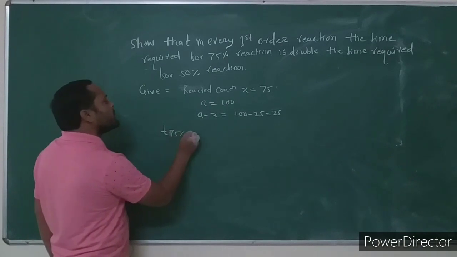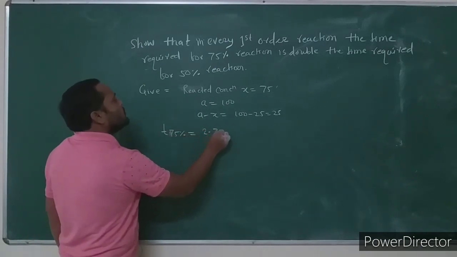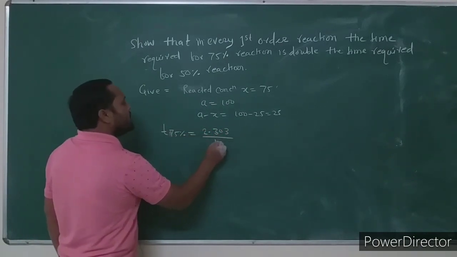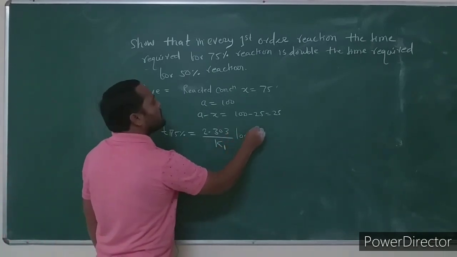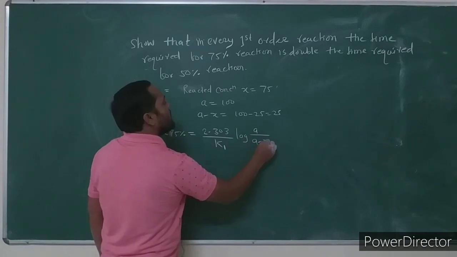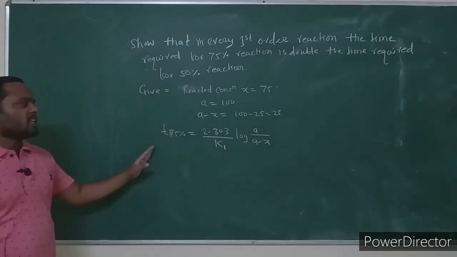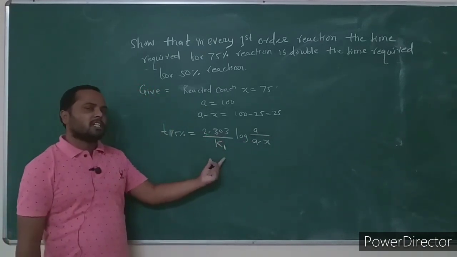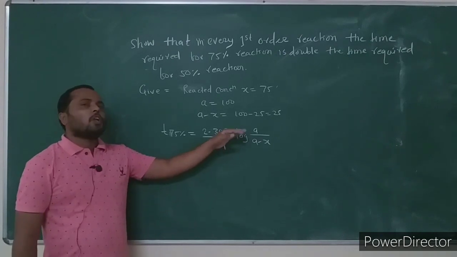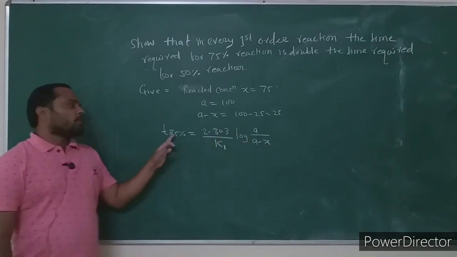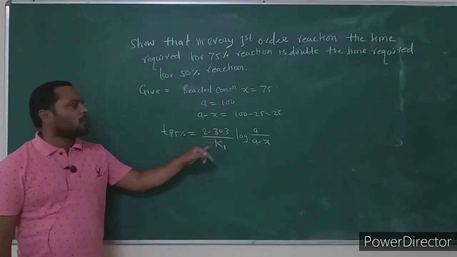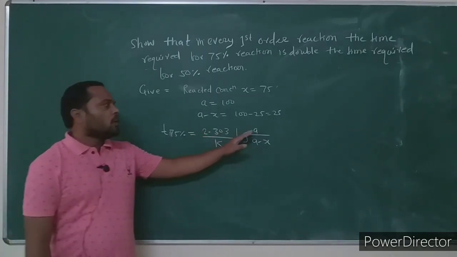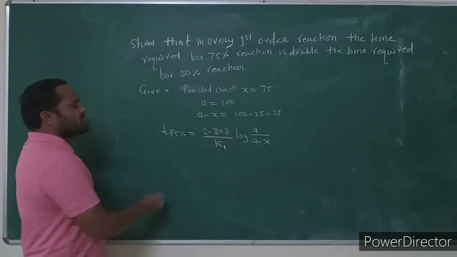T 75% is equal to 2.303 divided by the rate constant, log A upon A minus X. We can use the rate constant equation: K1 is equal to 2.303 divided by T75 log A upon A minus X. This equation will rearrange: T75% is equal to 2.303 divided by K1 log A upon A minus X.